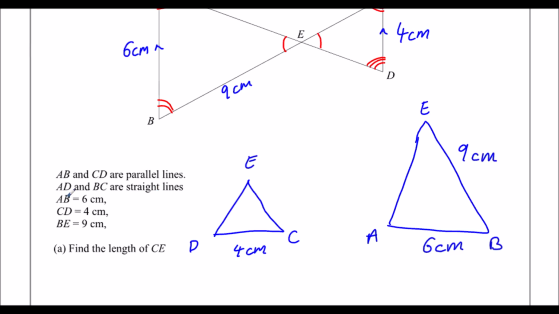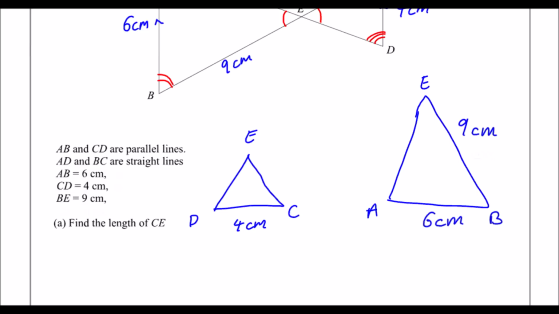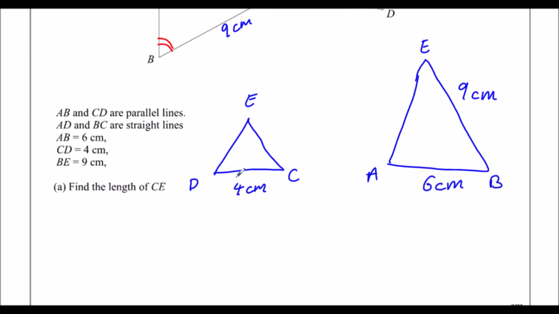So we've got similar shapes, so we can work out a scale factor. So what do we times the little shape by to get the big shape? So what do we times 4 by to get 6? Because these two lengths go together. You can do 6 divided by 4 to work that out, which is 3/2 or 1.5.